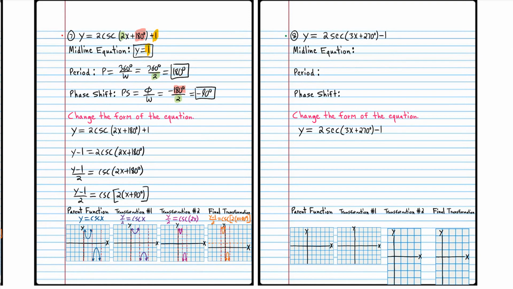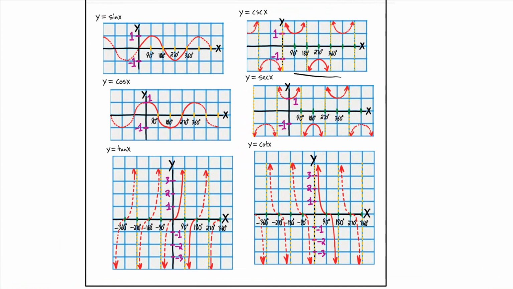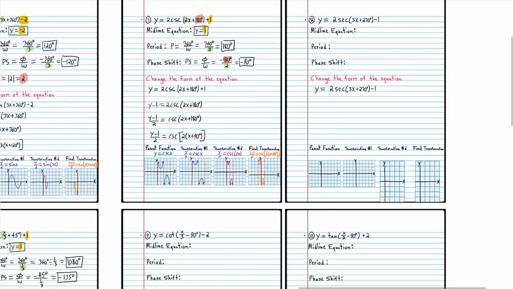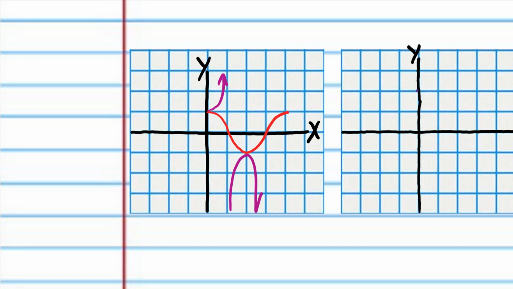Okay, try number 8. And you want to get a picture of that secant curve. I'm going to give you one more chance to take a picture of these curves. You need this secant curve. What you want to do is draw the cosine curve. And then the secant curve is going to be on the tops and the bottom.